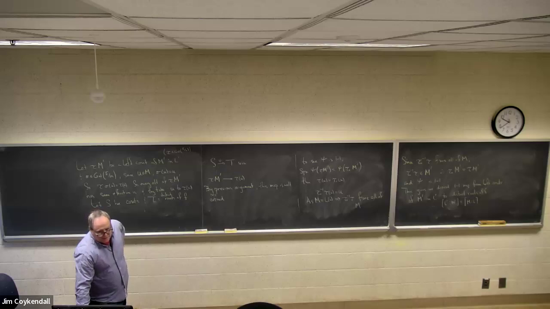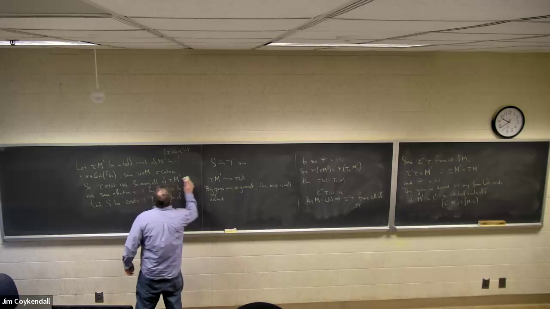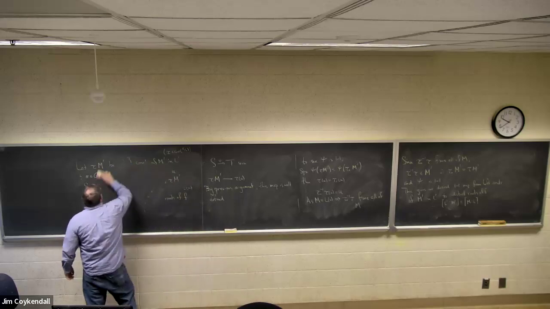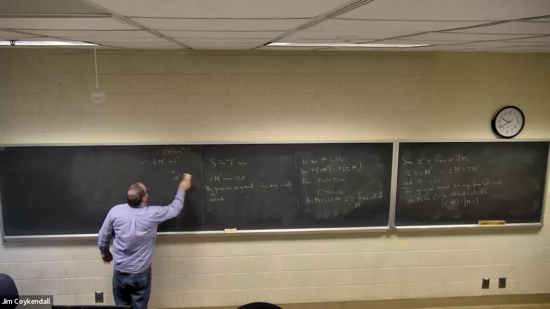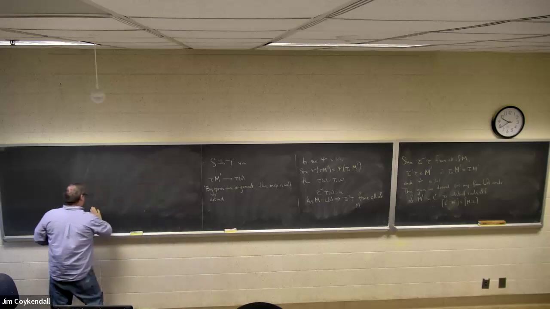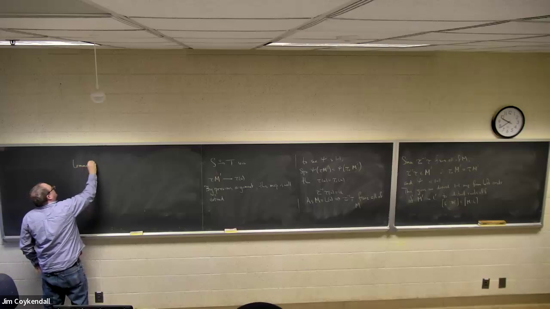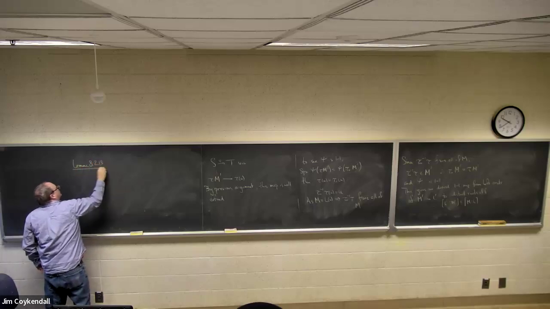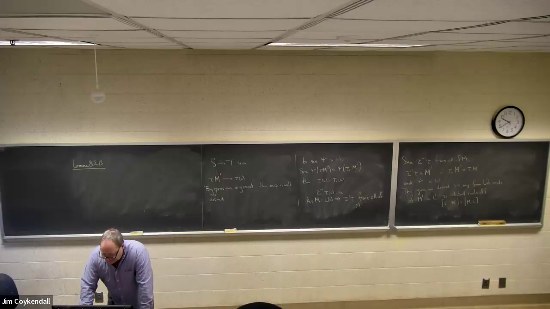Here's one that might not be a shocker here. This is going to look very much like the previous one. Let K and F be fields and H a subgroup of the Galois group.